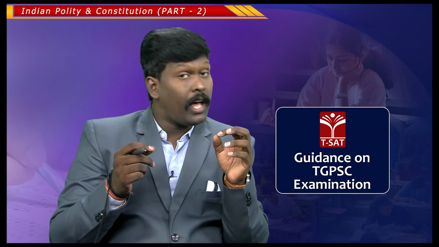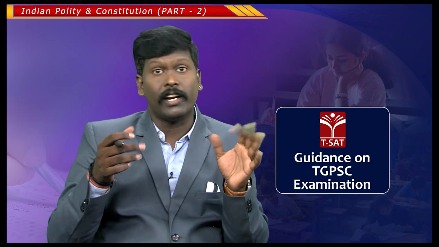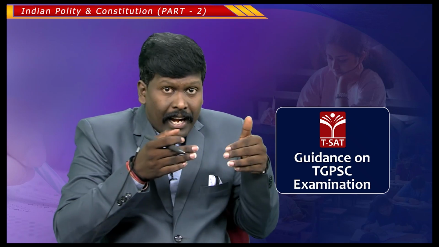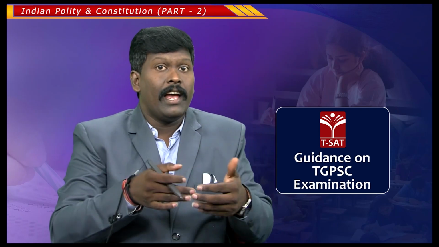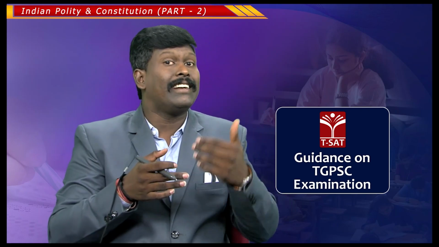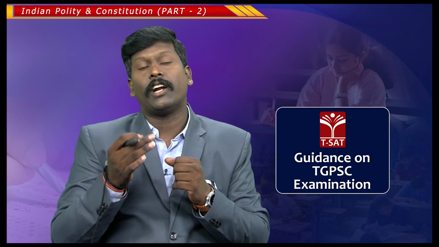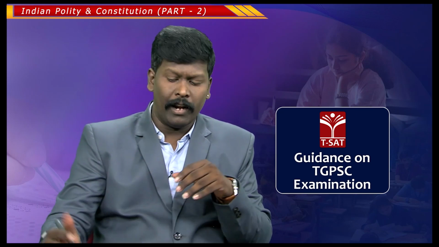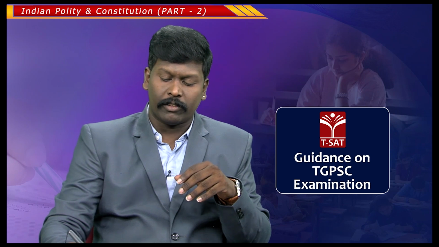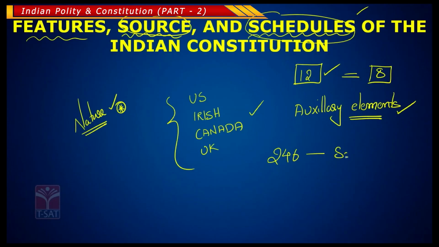Schedules further explain the important provisions of the Indian Constitution. If any article needs an extension in detail, if any article needs a detailed explanation, schedules provide in detail explanation. For example, Article 246 is linked to Schedule 7.